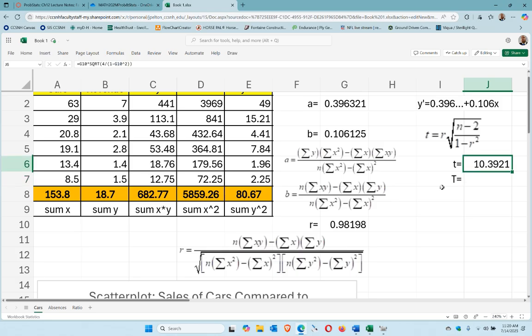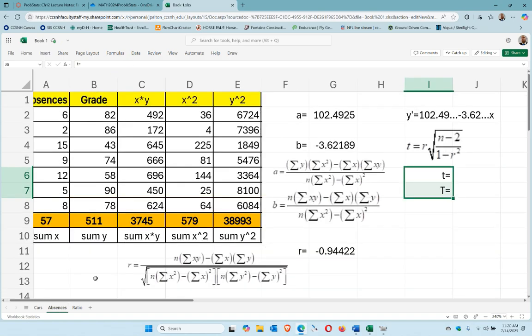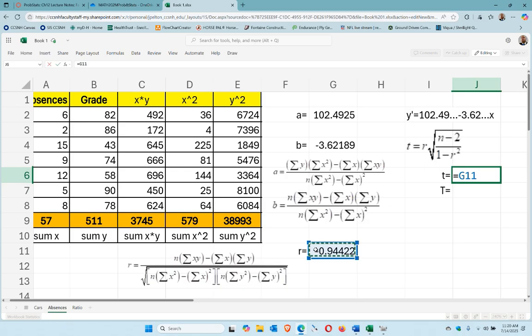Okay, let's do that all the way through. So we'll go to the next one. Equals the r times the square root, and this is 7, I think. 1, 2, 3, 4, 5, 6, 7. So minus 2 is 5, divided by parentheses 1 minus r squared. Close paren twice. If you forget the second paren, I think it auto-fills it for you, to be honest, but that's fine.